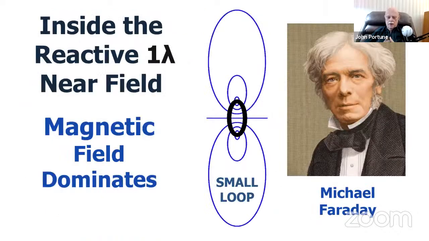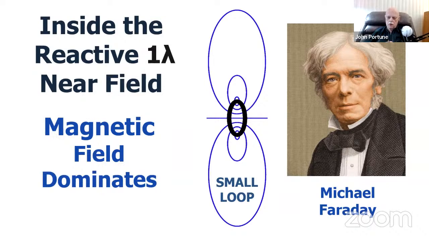Faraday, back in the middle 1800s, a real pioneer, a real genius, realized that inside that reactive inner near field, a magnetic loop, or a small loop, only reacts to the magnetic field. In fact, there's hardly any electric field inside the loop at all. It's mostly all magnetic field, and that's what does the reception when the radio wave comes up.